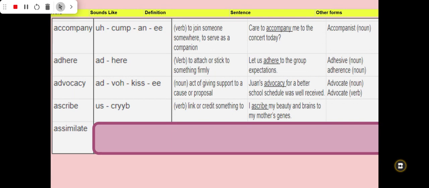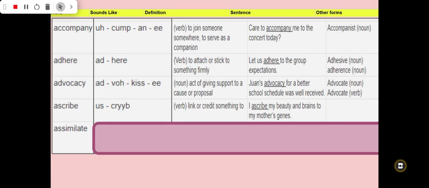You're joining, right? You're giving company to someone else. Care to accompany me to the concert today? Another form of this word that you'll see a lot is accompanist. Usually it's someone who plays an instrument who's going to join in on a concert, like a piano player joining the choir as an accompanist.